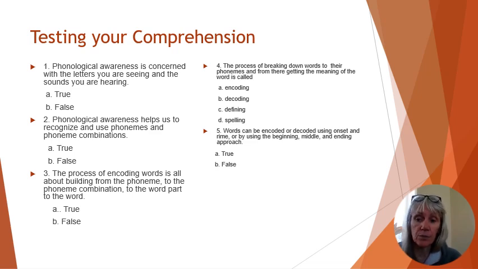We can look at the word from its onset and rhyme, the onset being those consonant sounds that begin the word or word part, and the rhyme being the ending consonant sounds together with the vowel sound. Or we can go beginning, middle, and end, starting with the beginning consonant, breaking down or using the middle vowel sound, and then moving on to the ending sound. So we can do that either way.